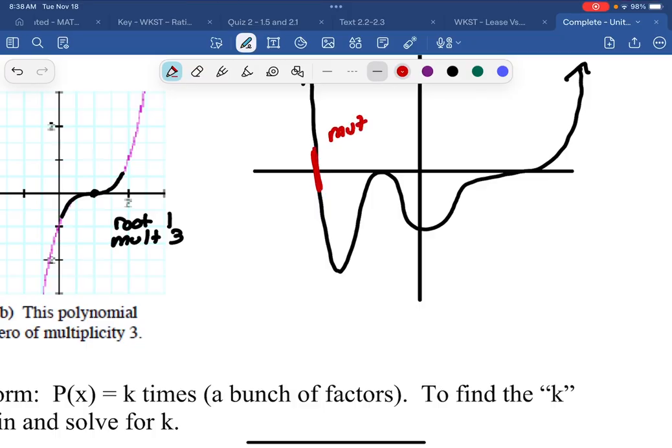So that's multiplicity of 1. Around here, it's behaving like a parabola. Turns around upon itself. So that's multiplicity of 2. Again, we're focusing only on the x-intercepts here. And here, or at least my drawing is trying to make it appear as if it's behaving like a cubic, so that's multiplicity of 3.